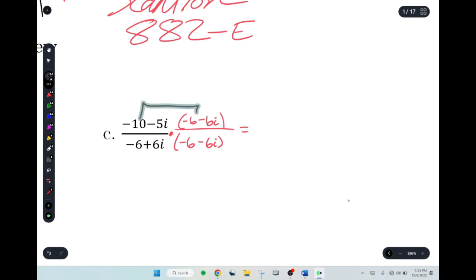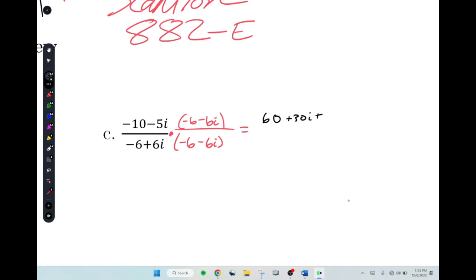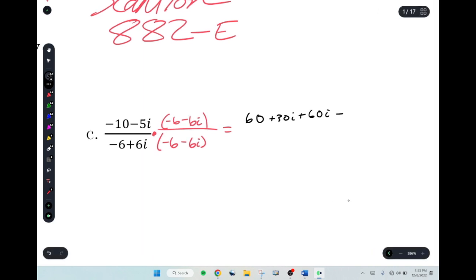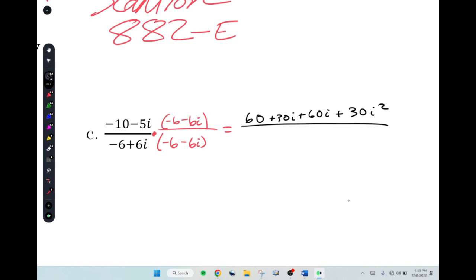So what is this? Quickly. 60 minus 30i plus 30i. Plus 60i minus 30i squared. Oh, there's 2 foils. This is terrible. 36 minus 36i squared.